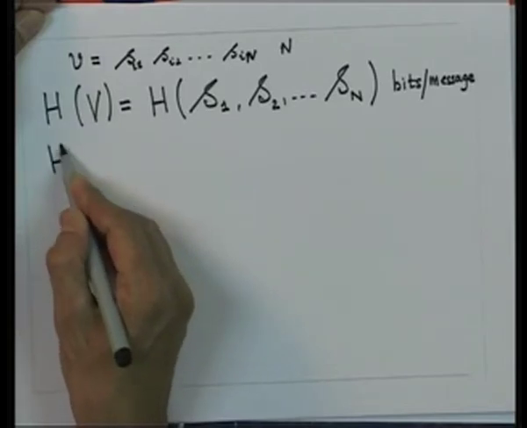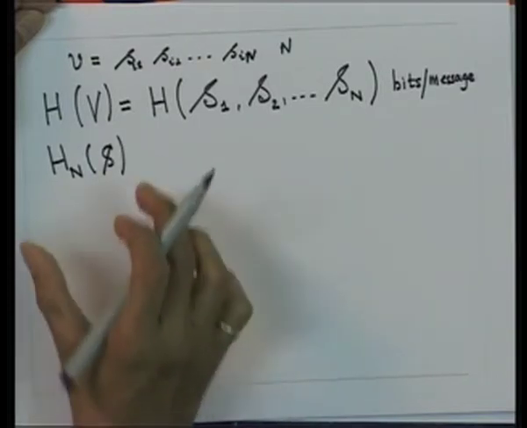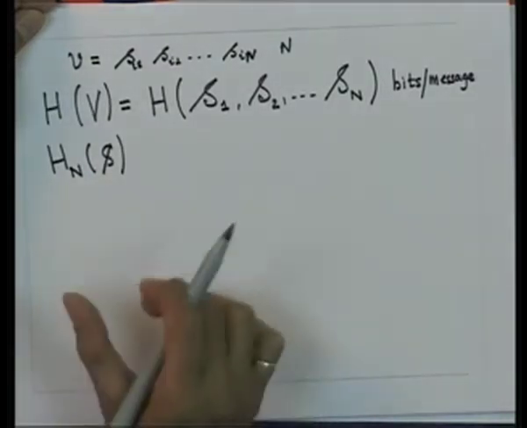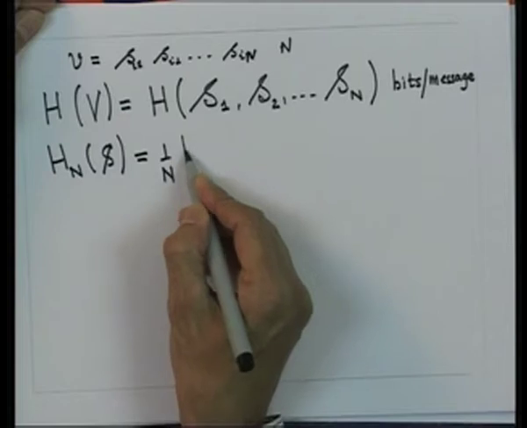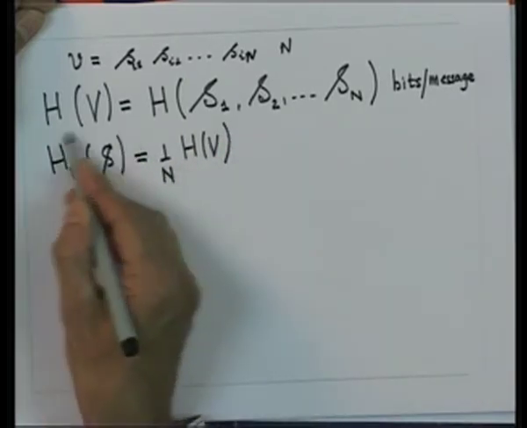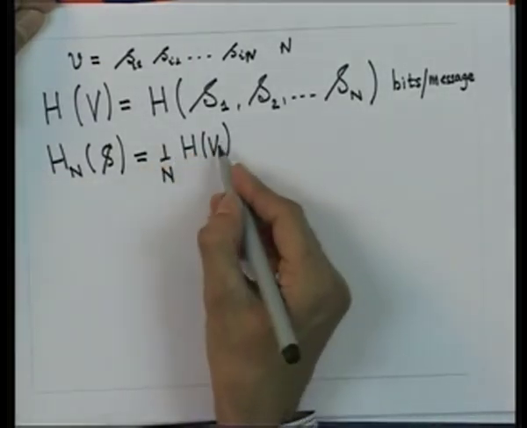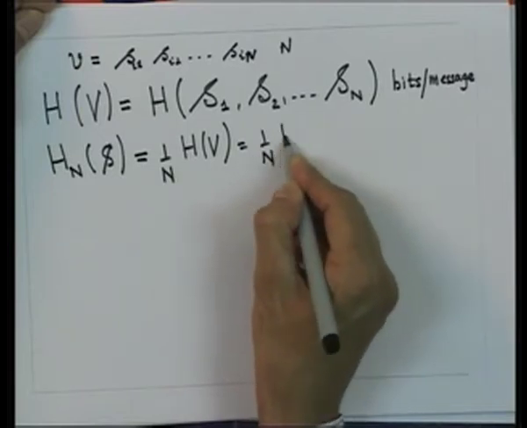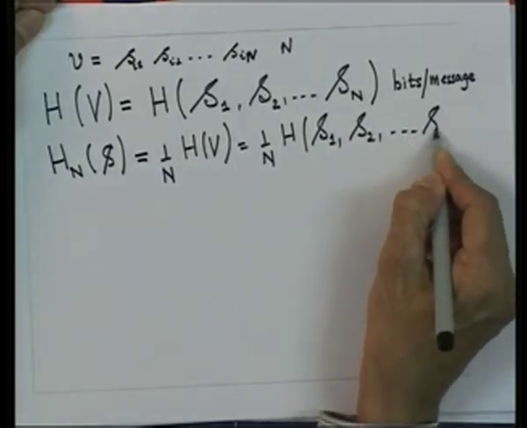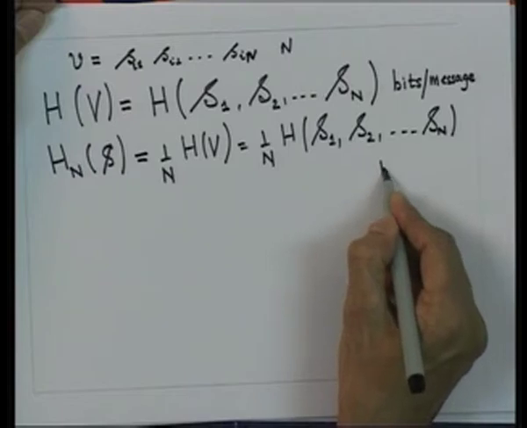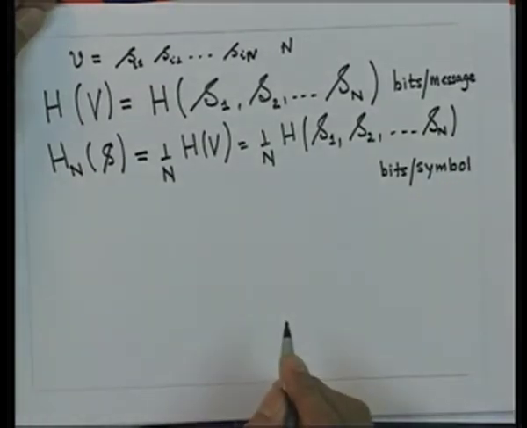Now, if I define another quantity, the average information per symbol, which is by definition equal to 1 by N of H(V). So, this is my average information which I get per symbol. So, this is equal to 1 by N H of S1, S2 to SN, in bits per symbol.